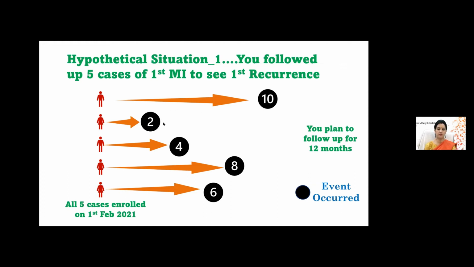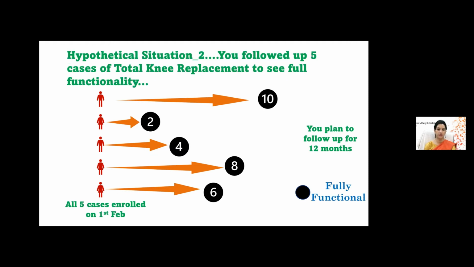This person has developed after 2 months, 4 months, 8 months, and 6 months. So all cases are enrolled on 1st Feb. And you can see in all these cases the event has occurred. At the end of the 10th month, all the events have occurred, meaning everyone has had the second attack of myocardial infarction.